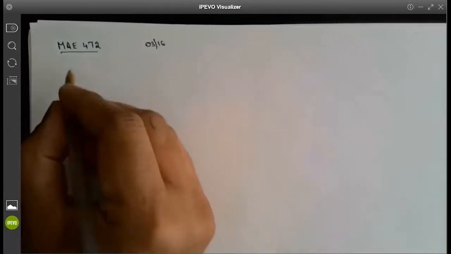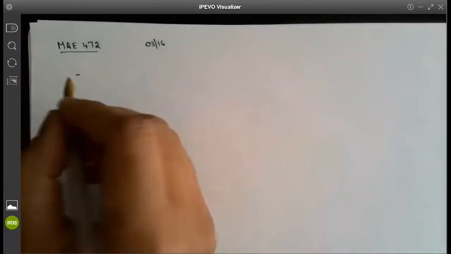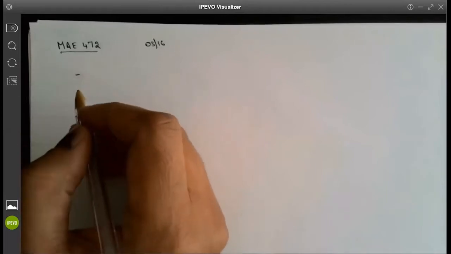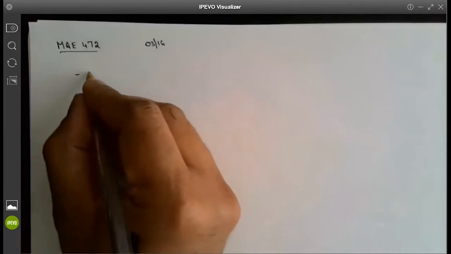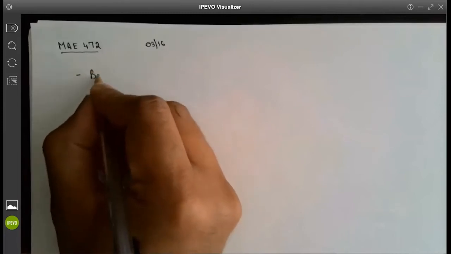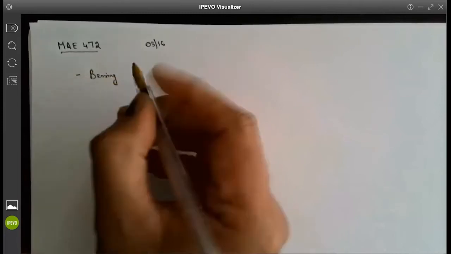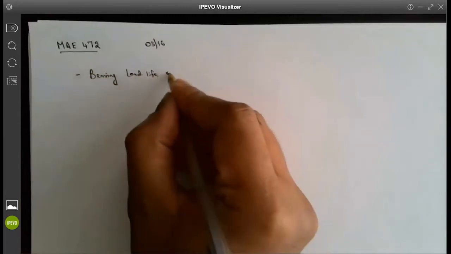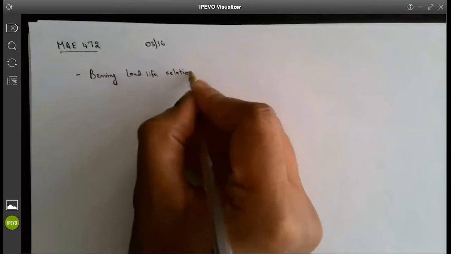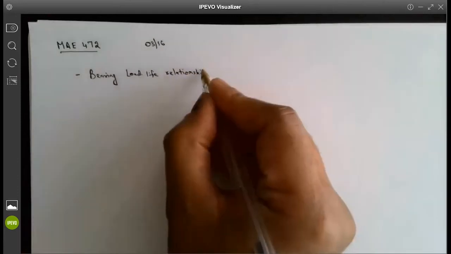Okay, so today what we will be focusing on are three essential subtopics for the bearing selection. One is the bearing load life relationship. We saw that relationship in the last lecture. We will briefly recap that.